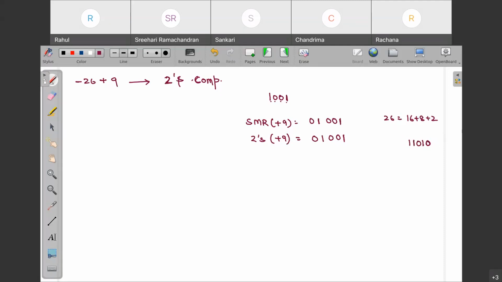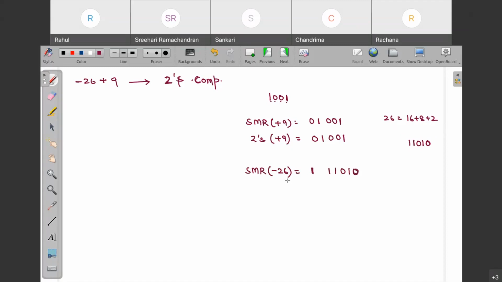Okay, so this is your 26. Now if I want to represent sign magnitude representation of minus 26, so this will be 1. This is your sign bit, which corresponds that this 26 is negative, and this remaining bit, so this will be 1 0 1 0 1.